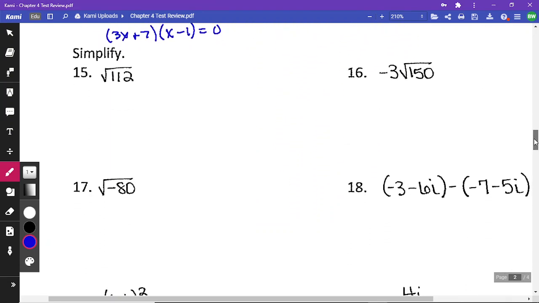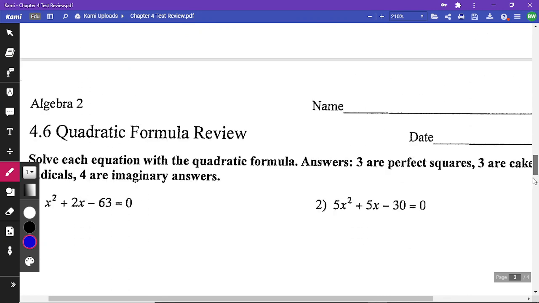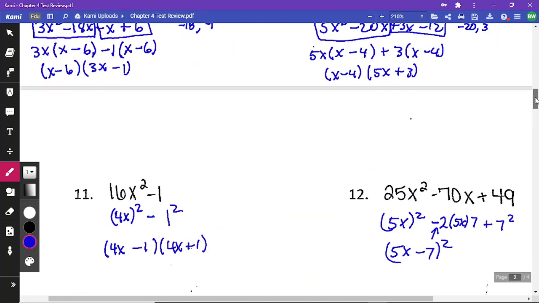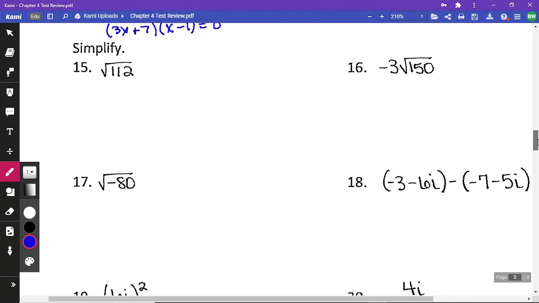Okay, so now we're done with factoring. We're going to be doing the simplifying, and then the last thing is the quadratic formula. So remember, when you simplify these, use that cake method. So here goes on the first one.